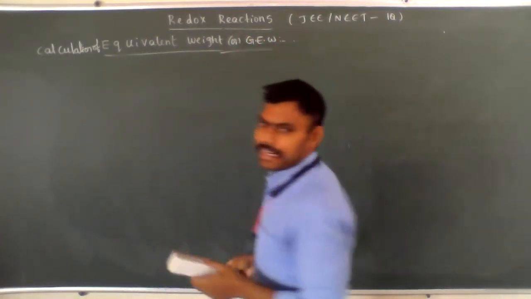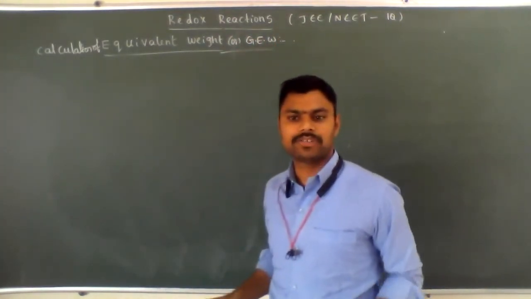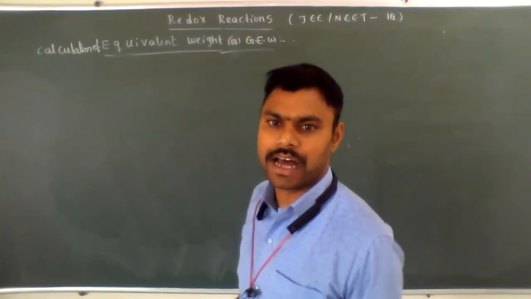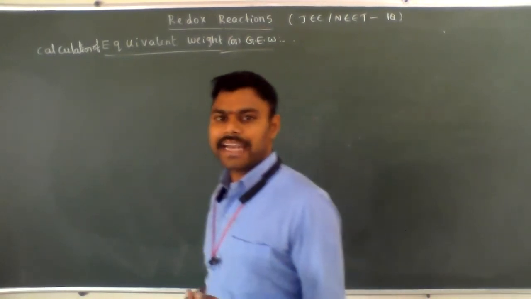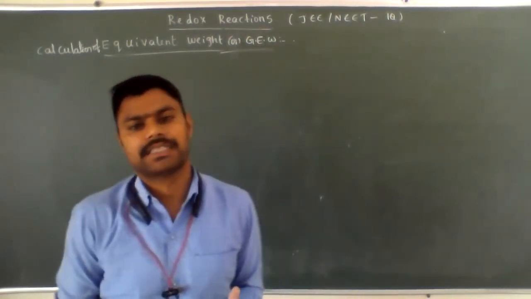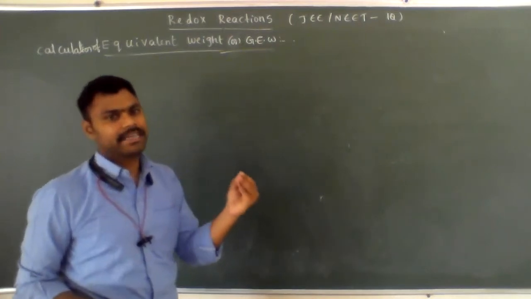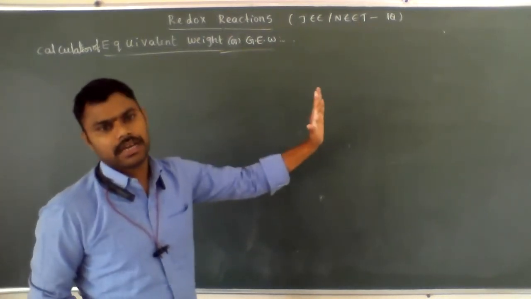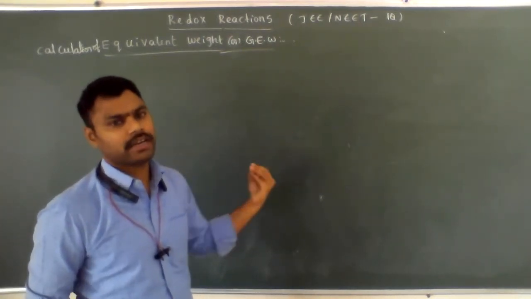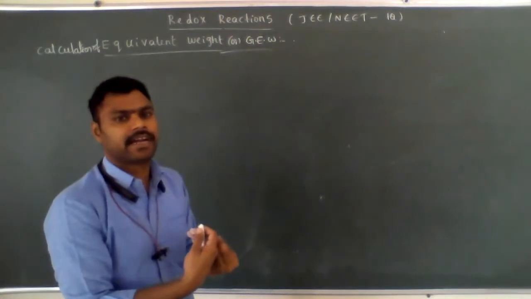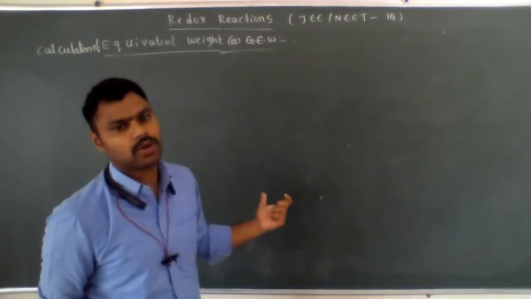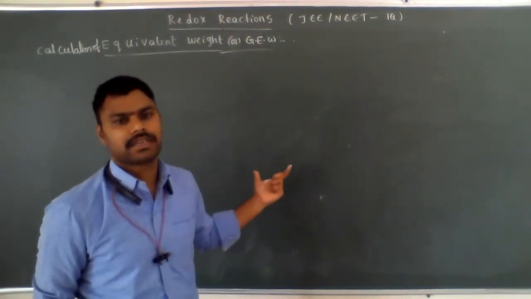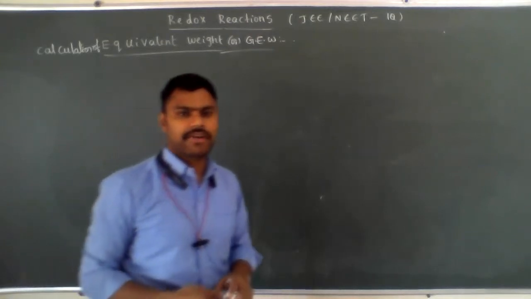See, this equivalent weight or gram equivalent weight depends on their n factor values or valency. What is valency? Valency is nothing but combining capacity. So valency means, in order to get an octet electronic configuration, how many electrons are required for the outermost shell. This is also known as the valency of atoms.